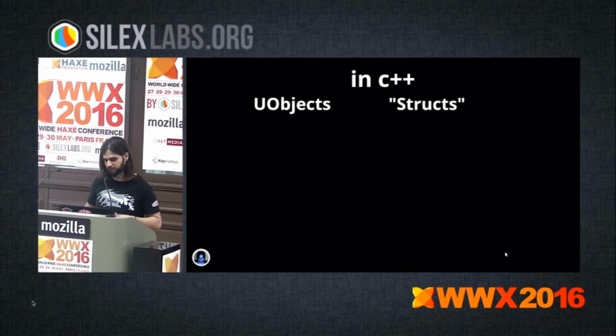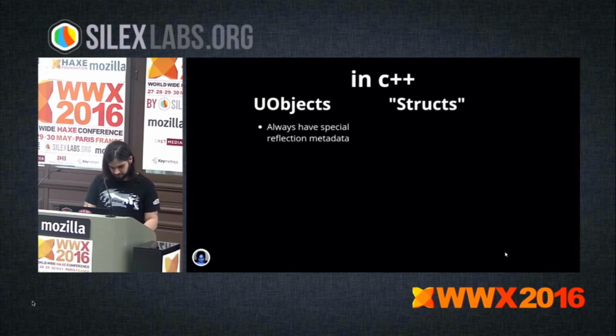Sometimes I refer to them as non-UObjects. Those UObjects are the types that have this special reflection metadata, and they are the most feature-complete types in Unreal.